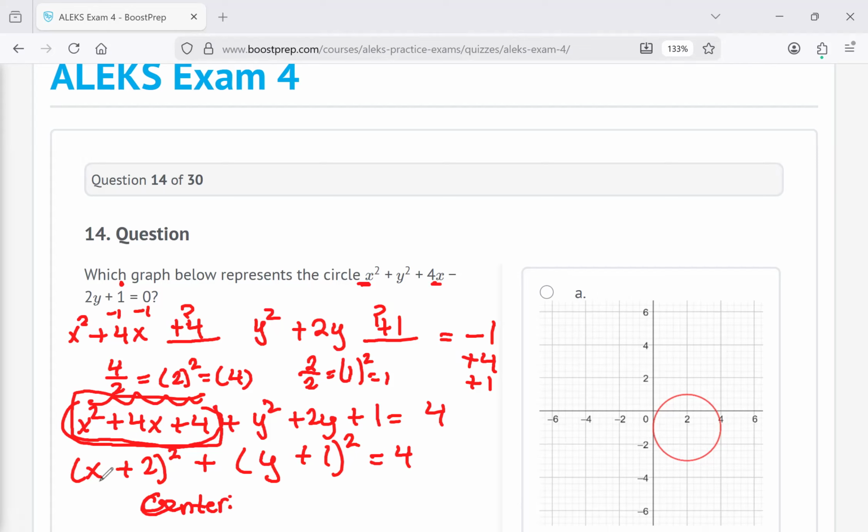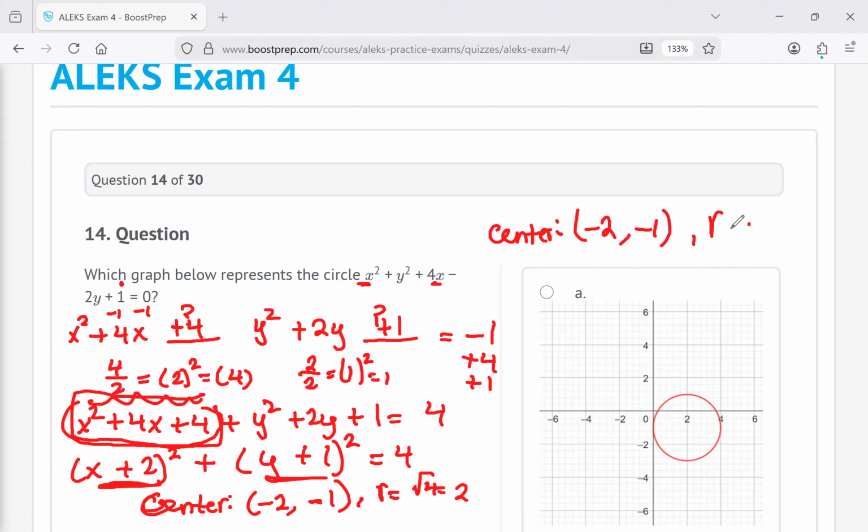Now we can use this information to figure out our center. My x-coordinate is not positive 2, but negative 2, and my y is not positive 1, it's negative 1. It's always the opposite. And my radius is not 4, it's the square root of 4, which is 2. So my center is negative 2, negative 1, and my radius is 2.